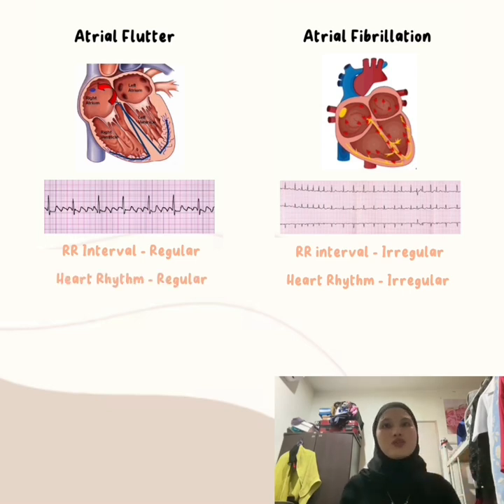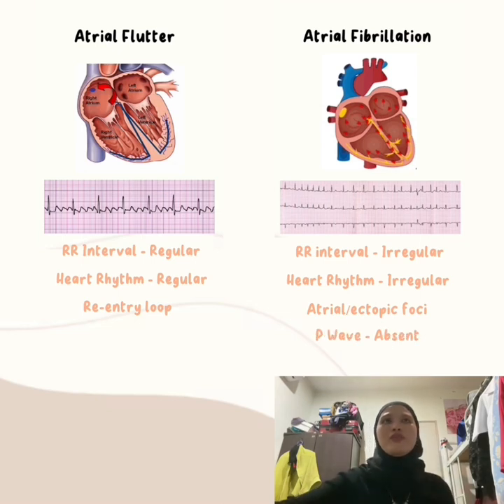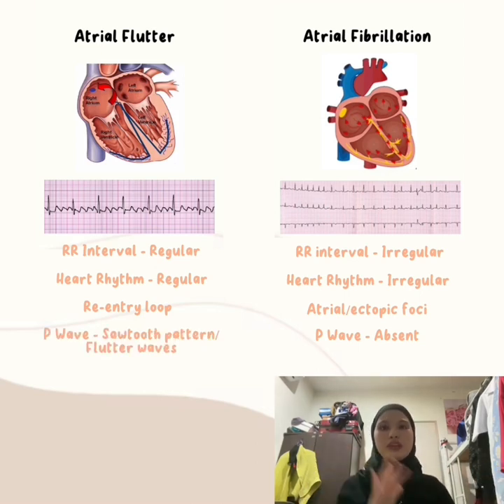In atrial flutter, the re-entry loop circuit causes these changes on the ECG, while in atrial fibrillation, many more atrial foci beat simultaneously and cause these changes. In AFib, the P wave is absent, so there's no P wave at all, while in atrial flutter, the P wave is represented in a sawtooth pattern, which we call flutter waves.